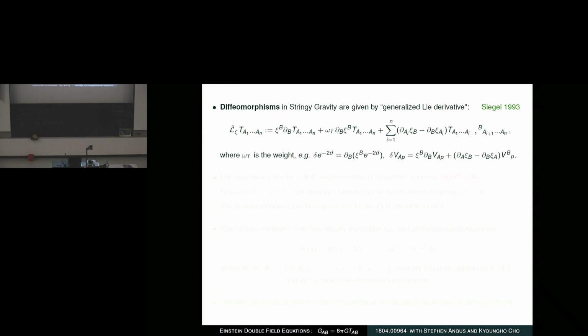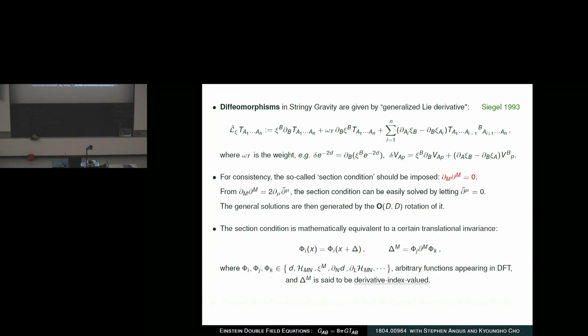Diffeomorphisms in string gravity are given by what is called the generalized Lie derivative by Siegel. So we have the usual transport term, any possible weight term, and then we have the local O(D,D) infinitesimal rotation for each index. And for consistency, the so-called section condition should be imposed.